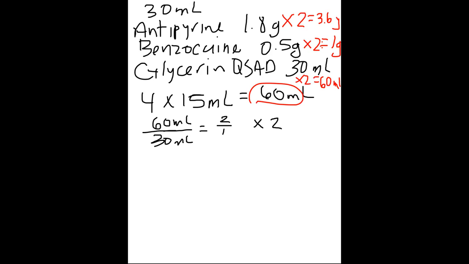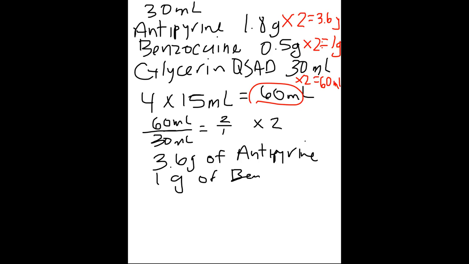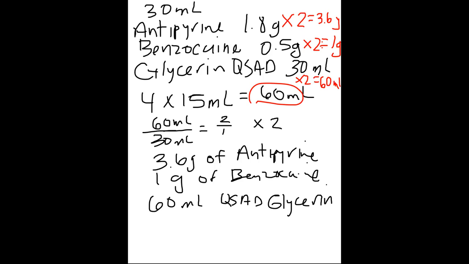So that means our final result would be 3.6 grams of antipyrine, 1 gram of benzocaine, and 60 mLs quantity sufficient of glycerin. And that would be our answer.